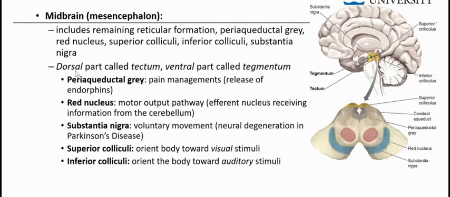Sometimes the functions of the superior and inferior colliculi do overlap with each other. So do not take this as a Bible. This is still pretty much ongoing research. But so far, the basic understanding is that all these nuclei are highly involved in visual and auditory processing.